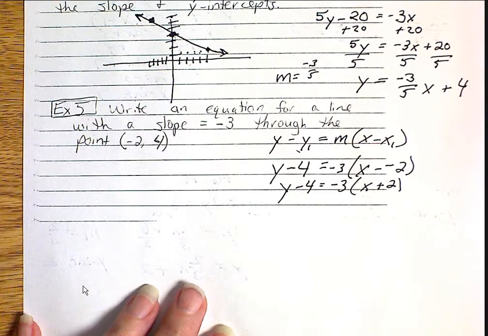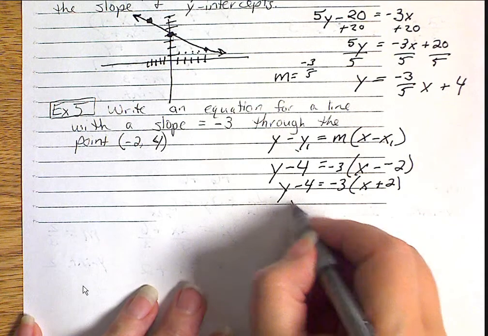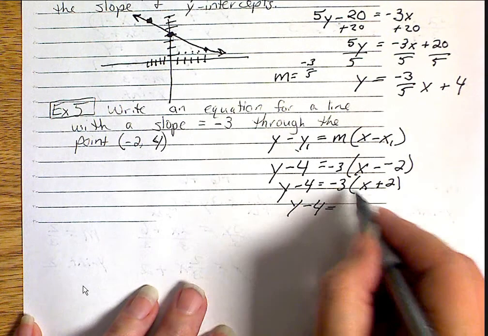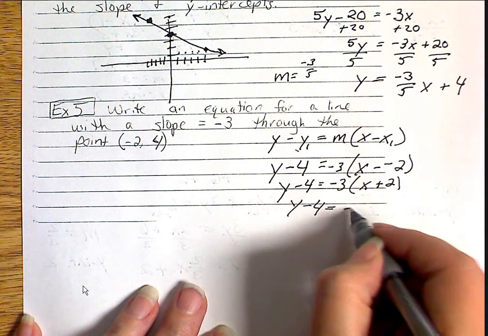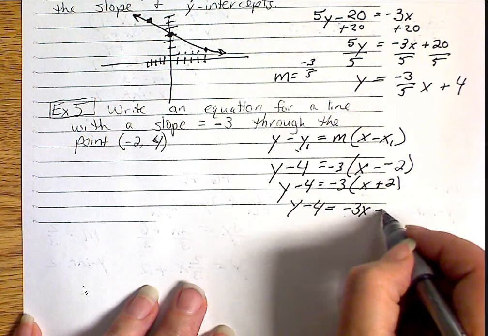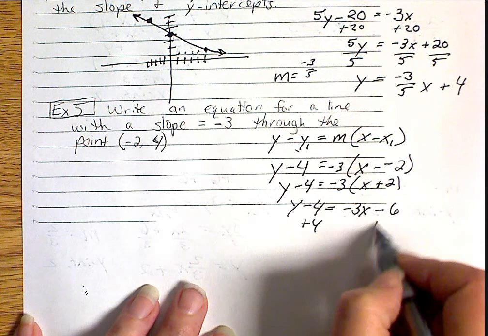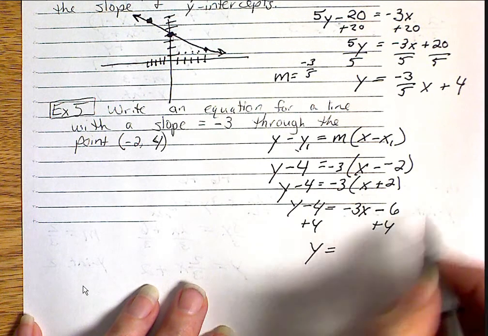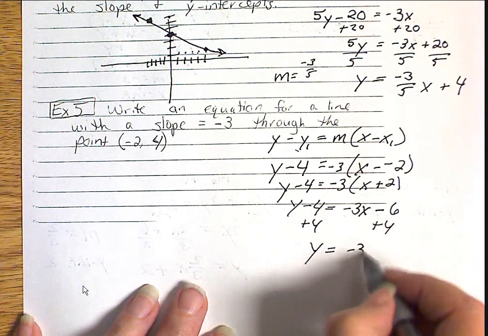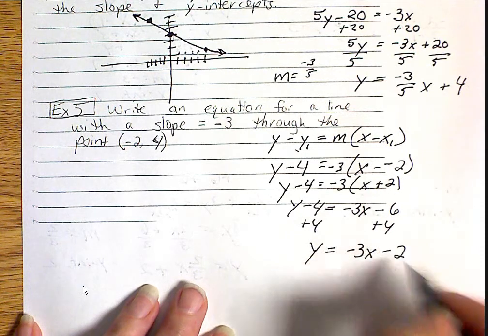Distribute that. So I have y minus 4 is equal to negative 3 times x gives me a negative 3x minus 6. I'm going to add 4. Y is equal to negative 3x minus 2.